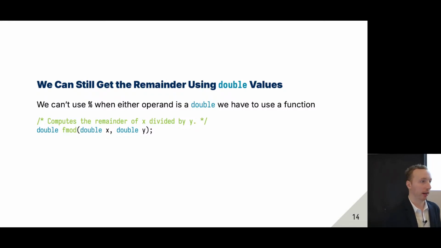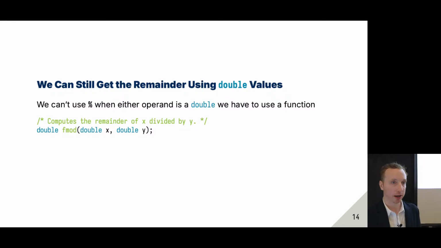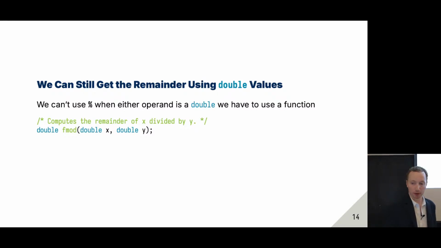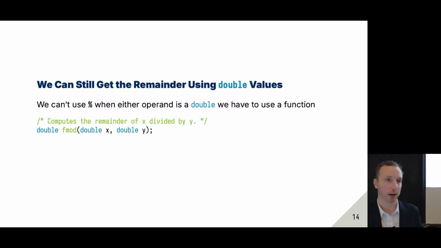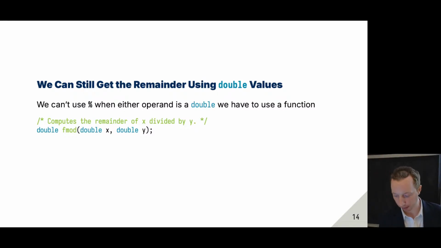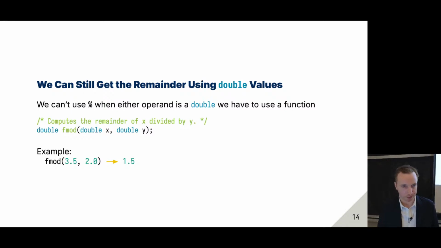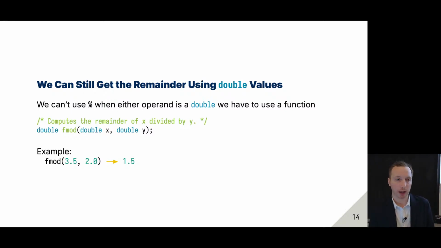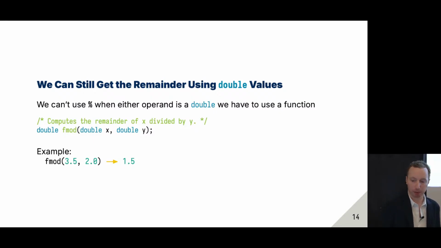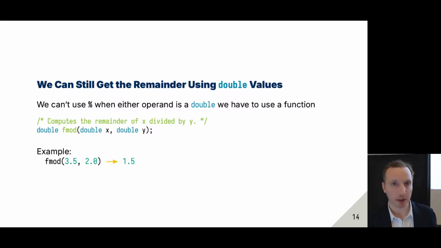They named it fmod. fmod takes two doubles and gives you the remainder of x divided by y, or the first argument divided by the second argument, as a double. So if we did fmod of 3.5 divided by 2, our remainder would be 1.5. Nothing terribly special here.